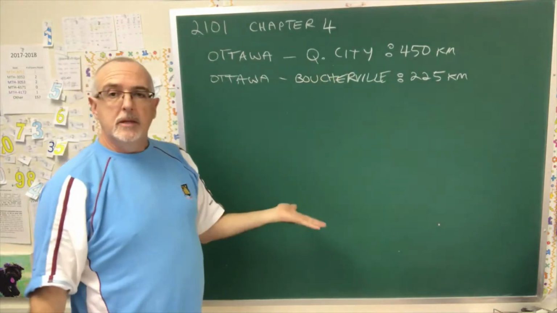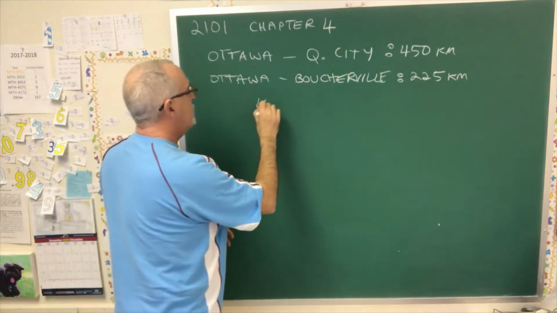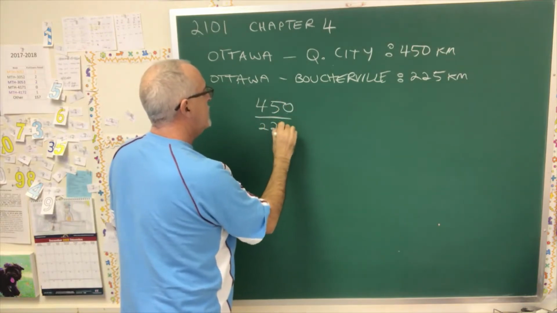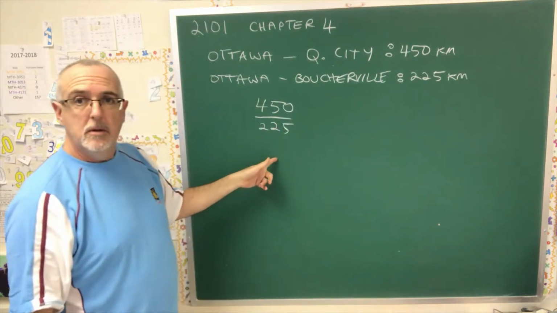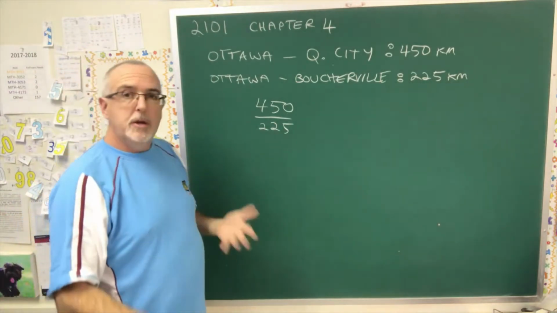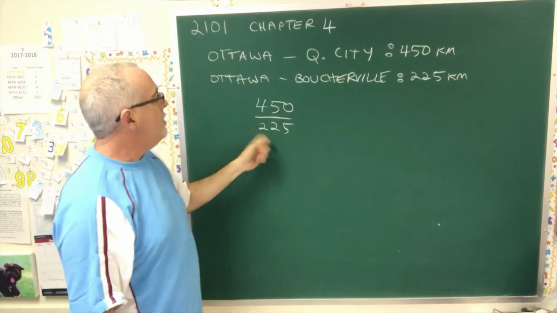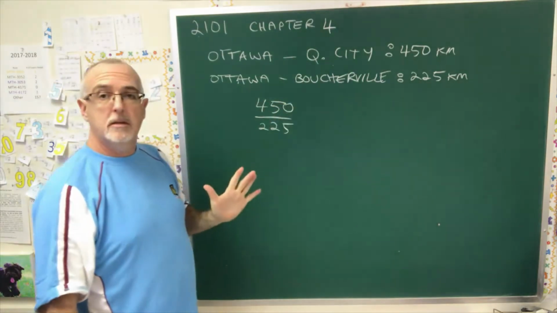So I can put these two numbers together, and I'm going to do that right now. 450 over 225, that's a ratio. I have a ratio which compares two numbers. It compares the distance between these two cities with the distance between these two cities.